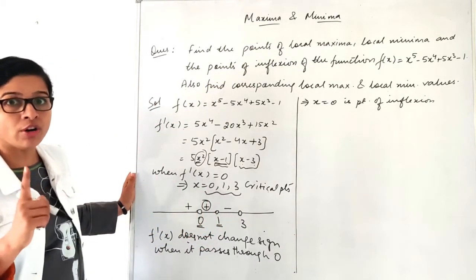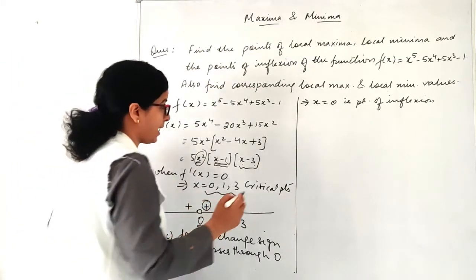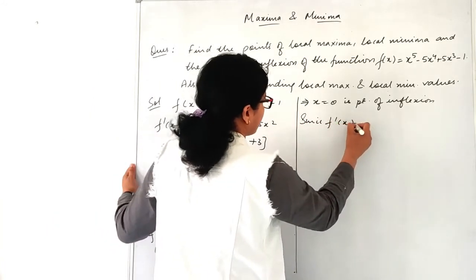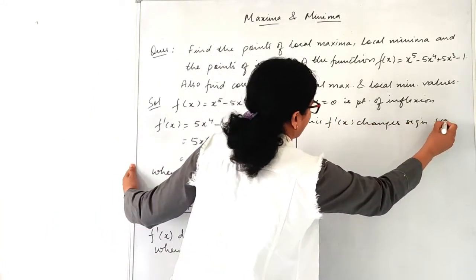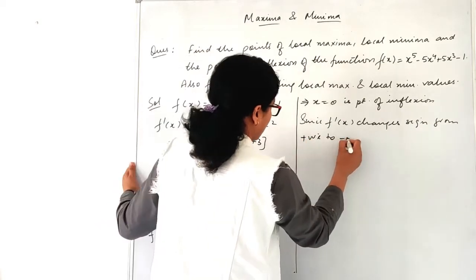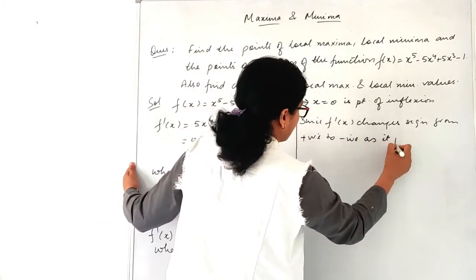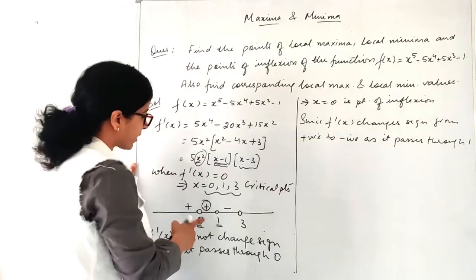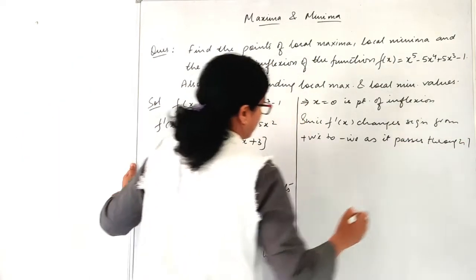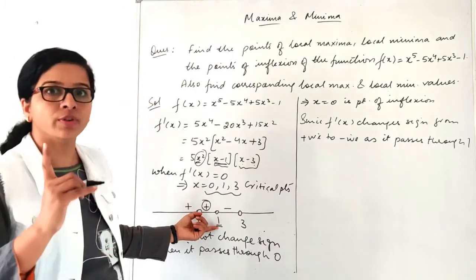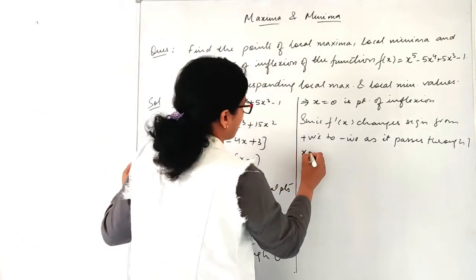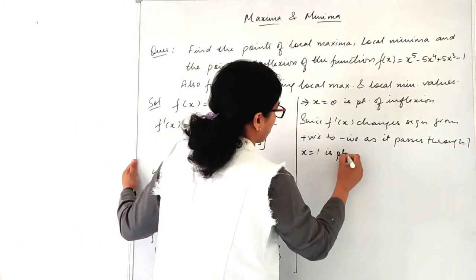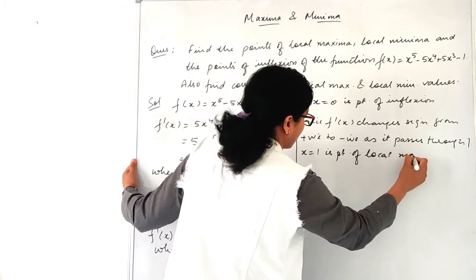So then it is a point of maxima, right? Since f dash x changes sign from positive to negative as it passes through 1. Which critical point does it pass through? 1, right? So it is a point of maxima. So x is equal to 1 is a point of local maxima.